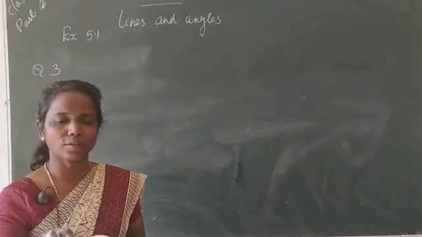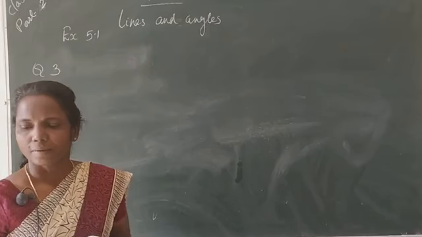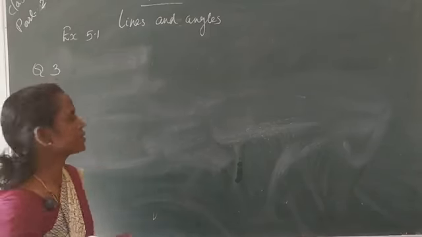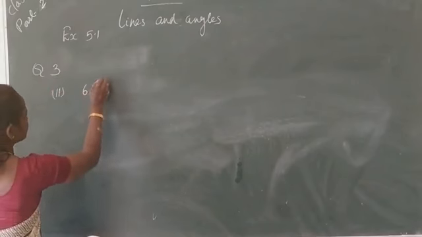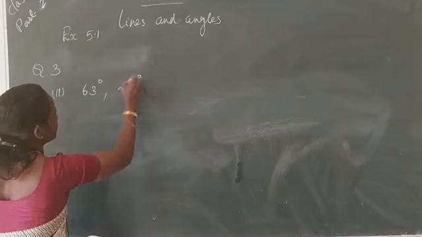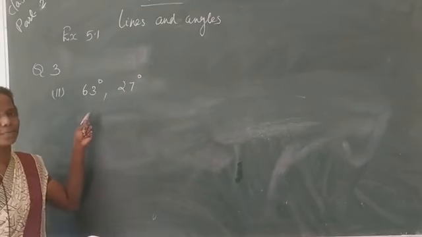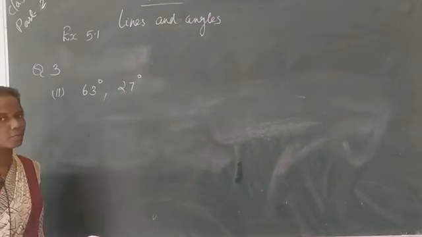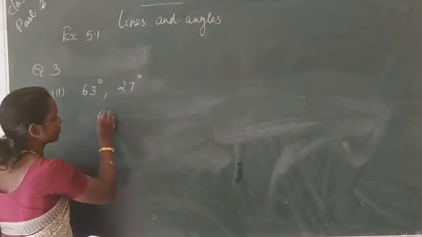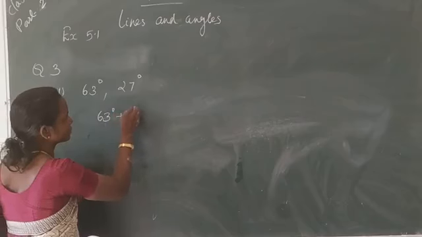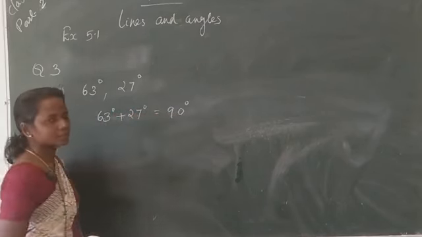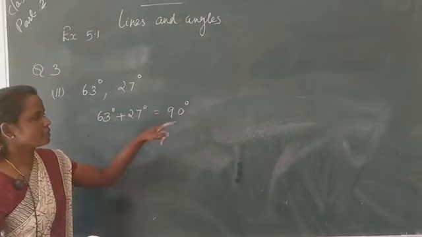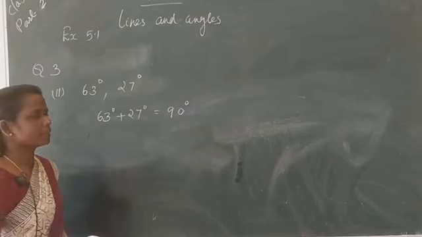Second question: 63 degrees and 27 degrees. Are these supplementary or complementary angles? Find the sum: 63 degrees plus 27 degrees is equal to 90 degrees. So these are complementary angles.